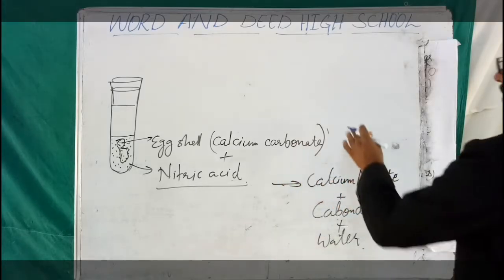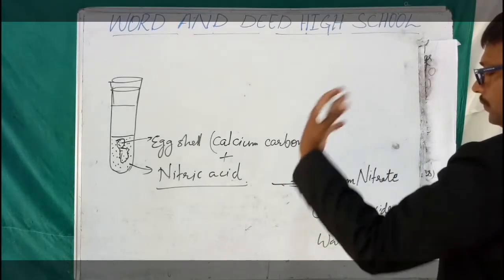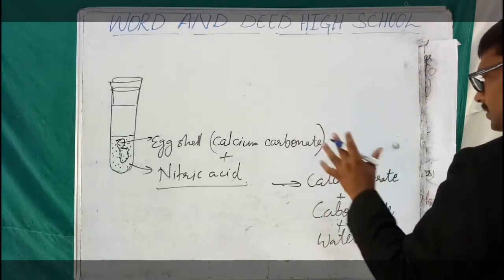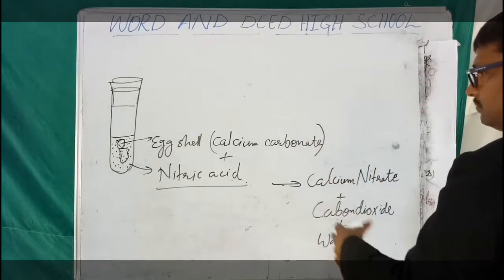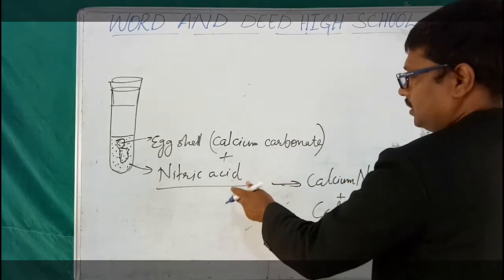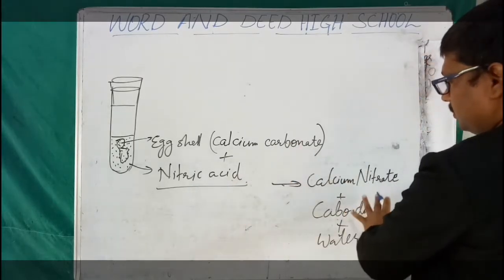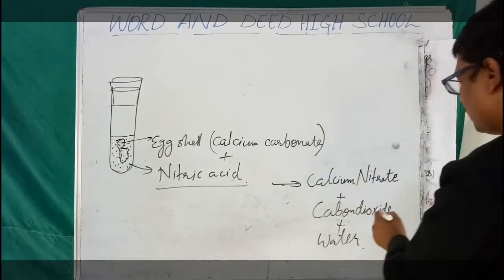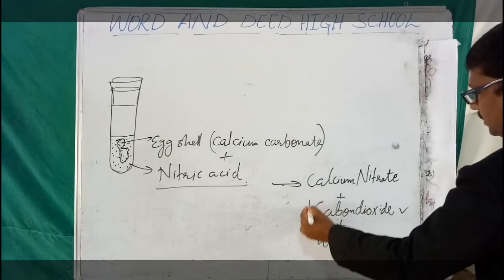The chemical formulas you will learn in your higher classes; this is enough for your standard. You just remember the names, how they react, and what the reactants and products are after the reaction. So carbon dioxide is produced here, right?